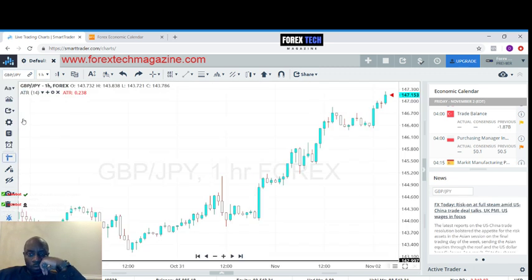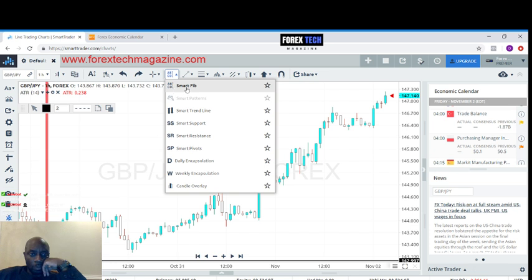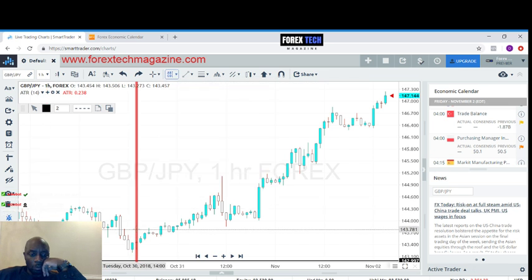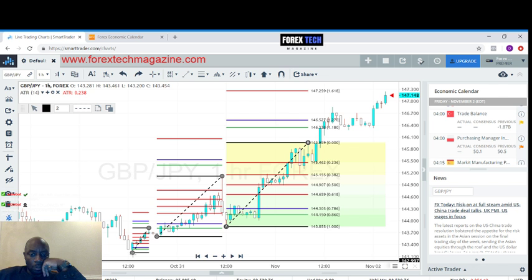Great Britain pound, Japanese yen. Ooh, look at that one, man. Let's do smart fibs on this one too. Let's play around with this one. Smart fibs say it is almost there. It is right there at it, my friend.